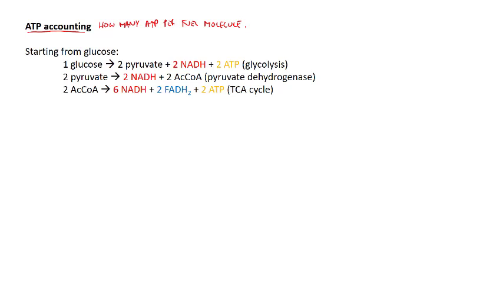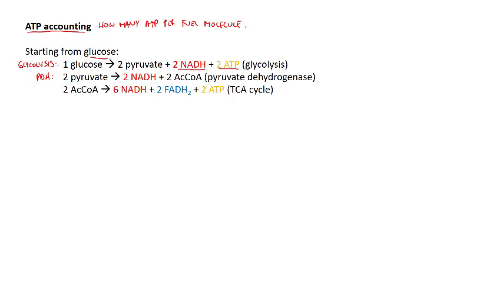All right, let's say we're going to use glucose as our fuel. So in glycolysis, you'll recall that for one glucose, we get 2 pyruvate, 2 NADH, and 2 ATP. In pyruvate dehydrogenase, we take our 2 pyruvates, get 2 NADH, and 2 acetyl-CoA.